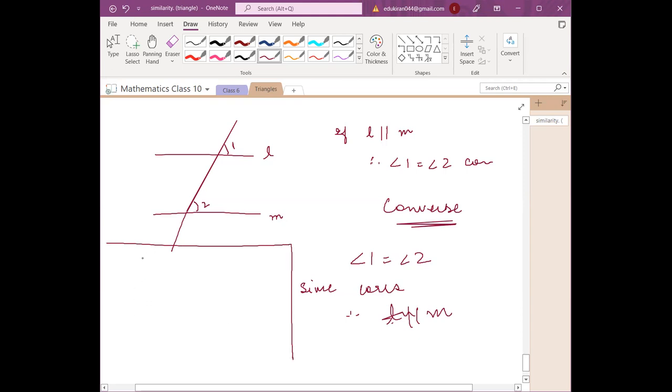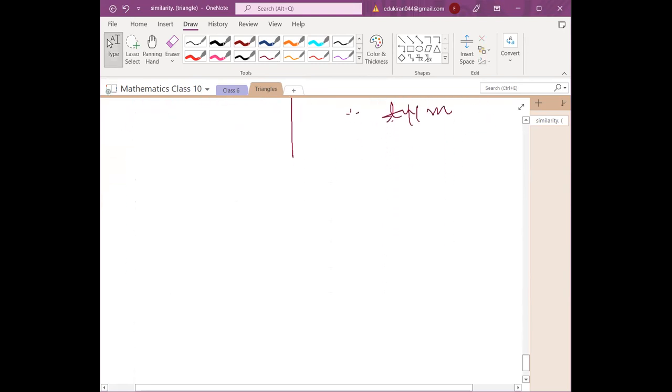Basic proportionality theorem was that if you have a triangle and this line DE is parallel to BC. This is A. Let me write it properly. Write down the converse of BPT, because you will use this result also.